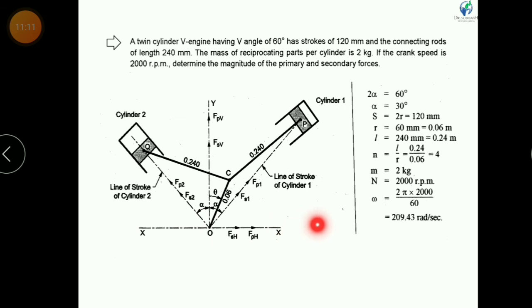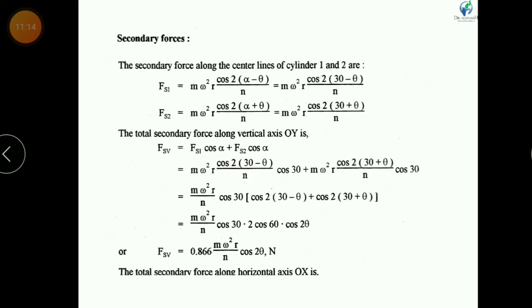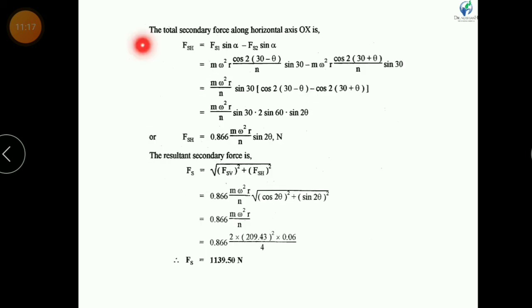So total secondary force along the horizontal axis, FSH, is equal to FS1 sin α minus FS2 sin α. If we put the value, m omega square r into cos 2(30° − θ) upon n into sin 30 minus m omega square r into cos 2(30° + θ) upon n into sin 30.